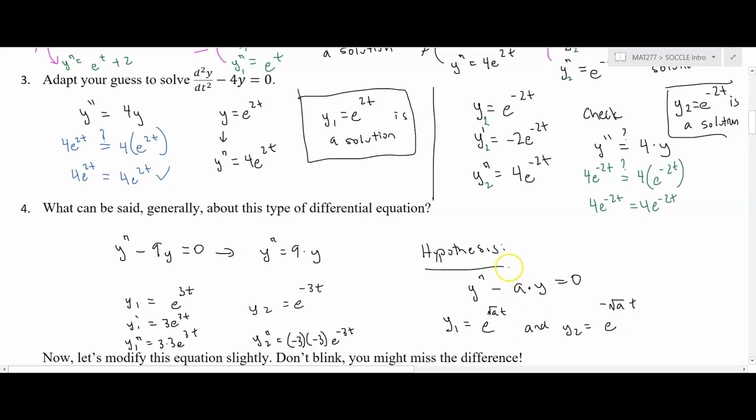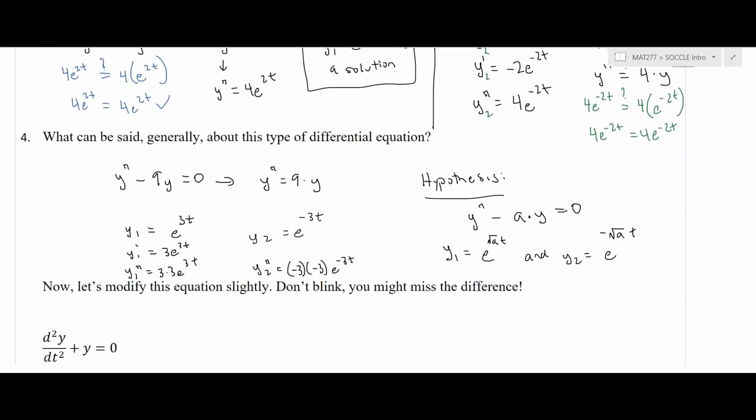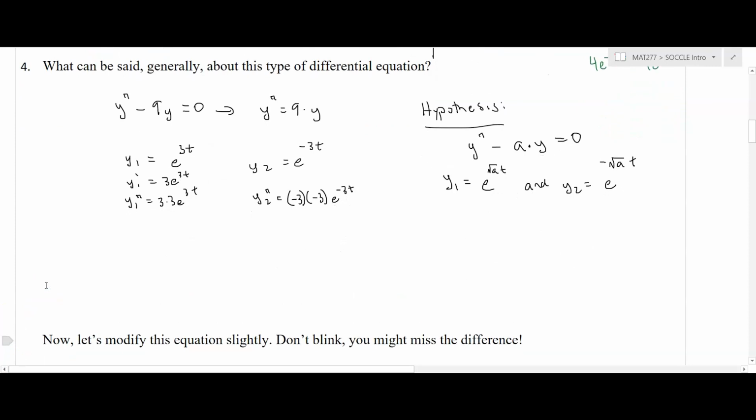Now, t is not in that square root, so that is an important detail to note, because these can often start to look the same, but you have to be really cautious. And let's just make a quick proof here. If in fact these are solutions, that means y1 equals e to the square root of a times t.